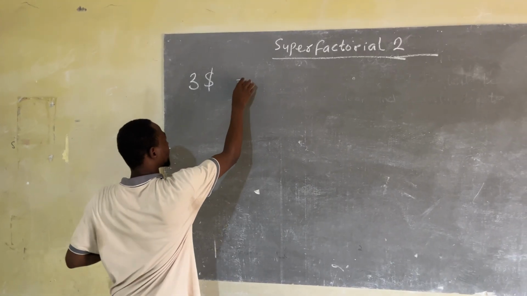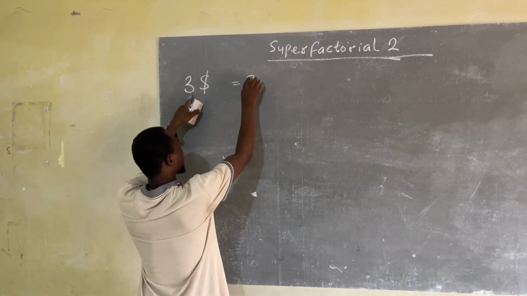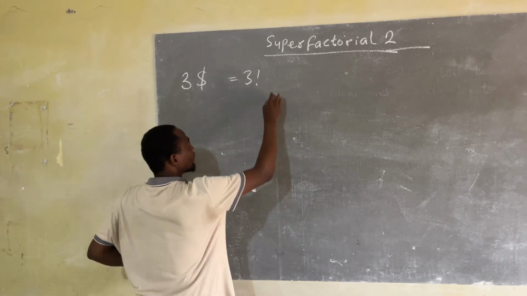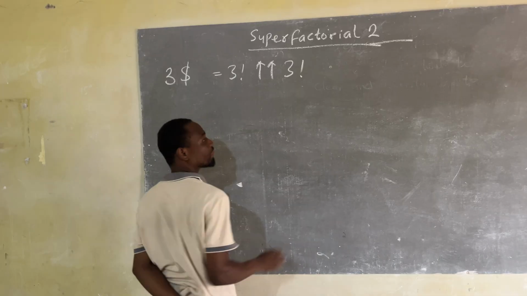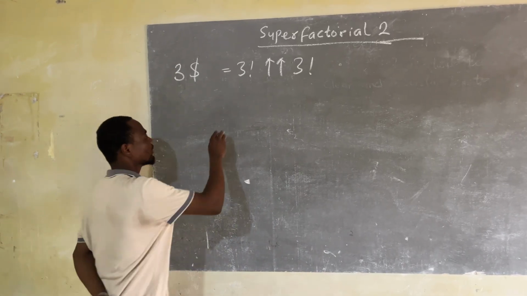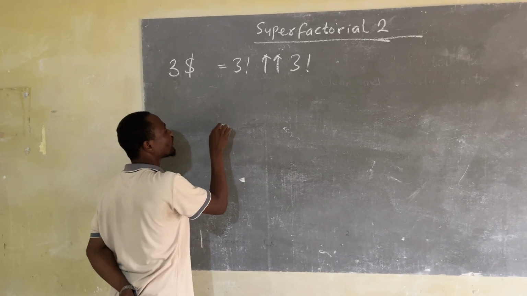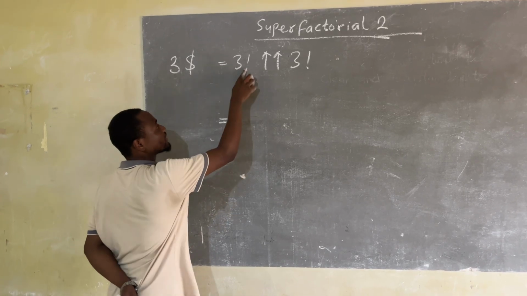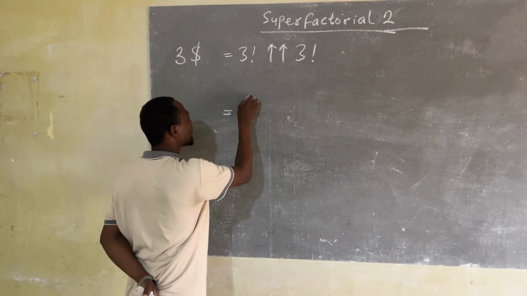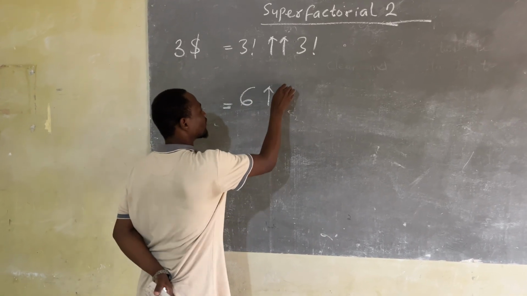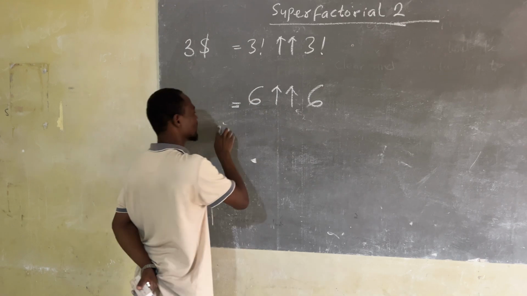So we go this way: we have 3 factorial tetrated to 3 factorial, as simple as that. And we already know the value for this. 3 factorial is 6. So we have 6 tetrated to 6.